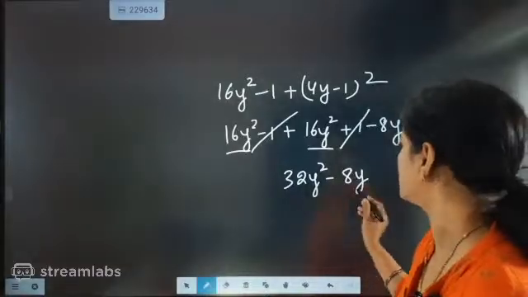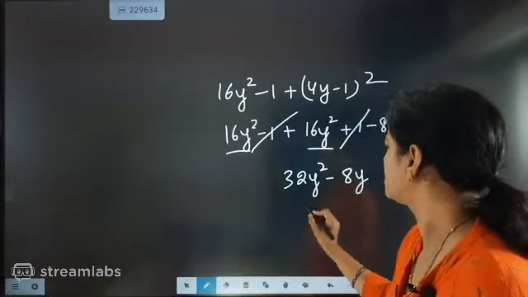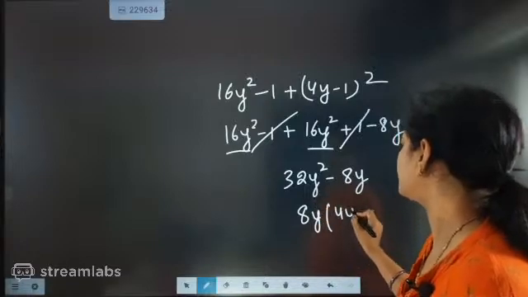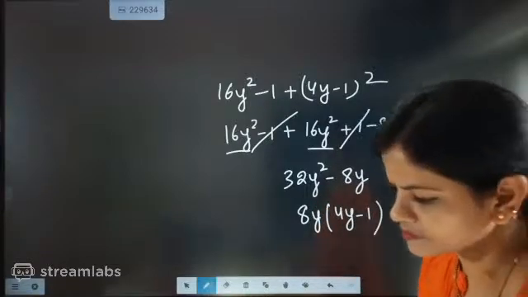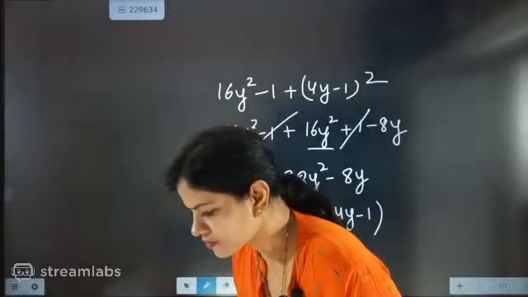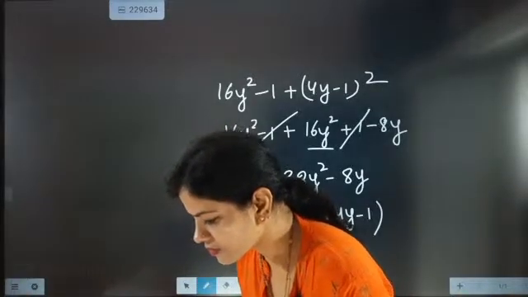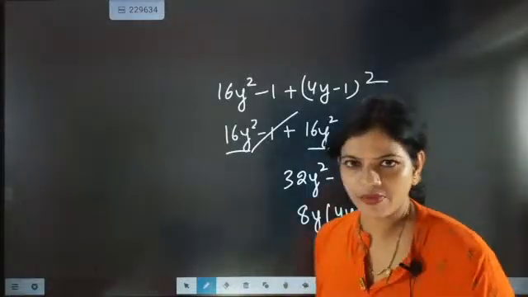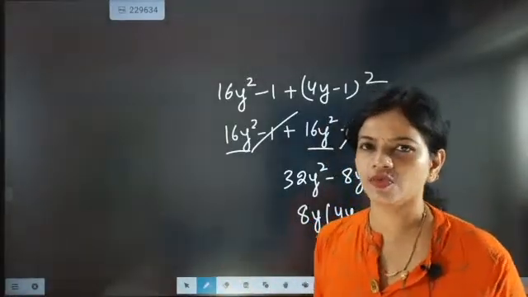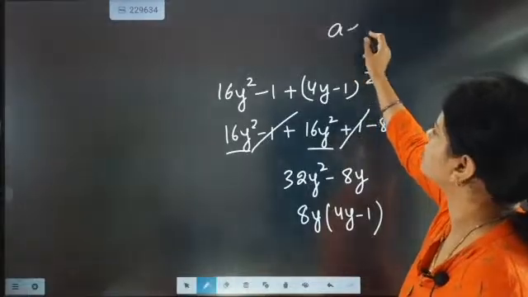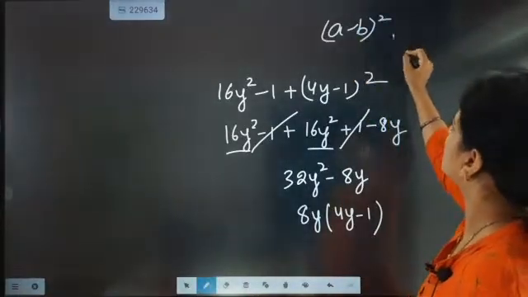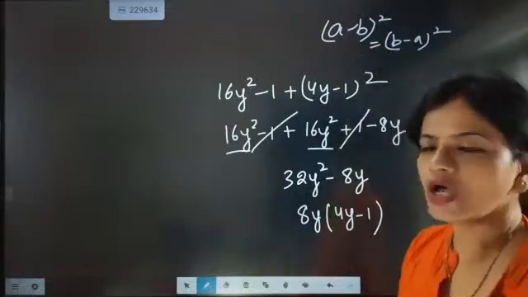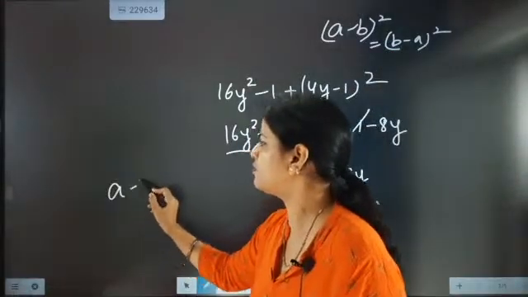So 4y is there. So when we take 8y, that is coming as 4y minus 1. Yes, 1 minus 4y or 4y minus 1, if we write (a − b)² or (b − a)², they both are same for a square.